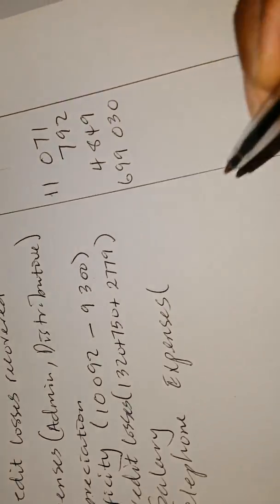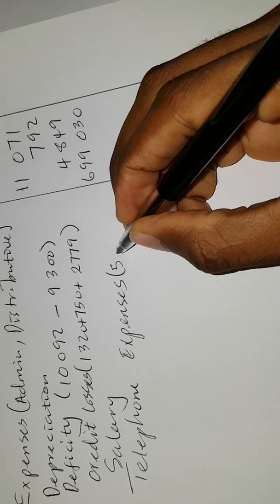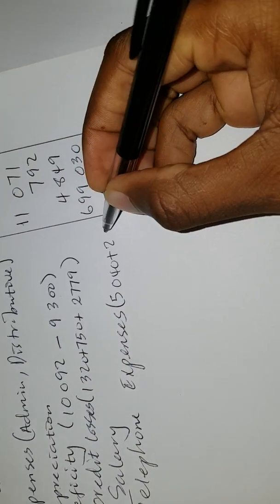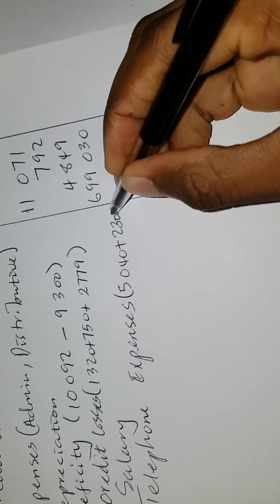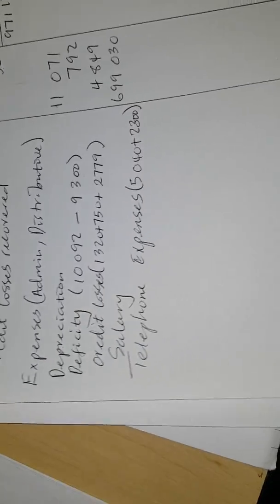So telephone expense which was paid during the year is 5,040. So it's gonna be 5,040 plus 2,300 that was outstanding. So the outstanding should be added, okay, because it doesn't belong to the other financial year, it belongs to this year, so it must be added.